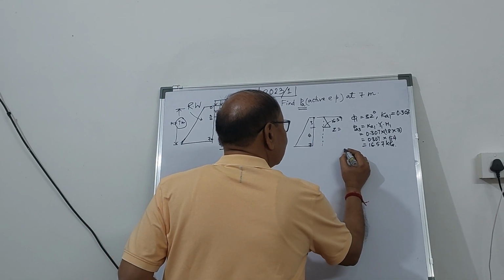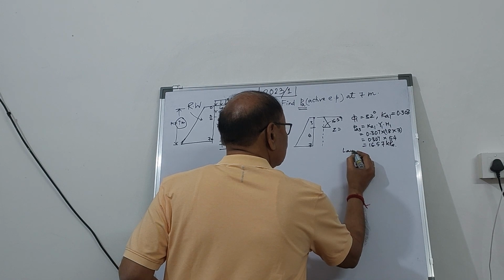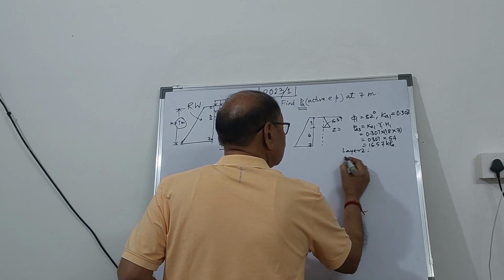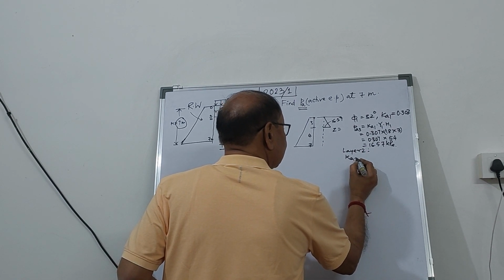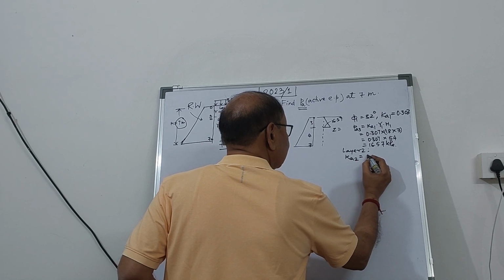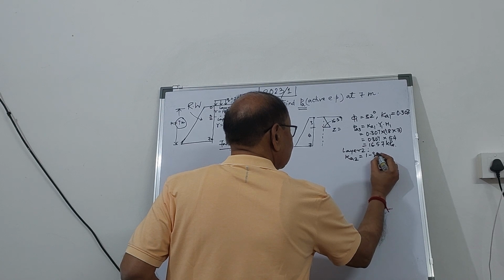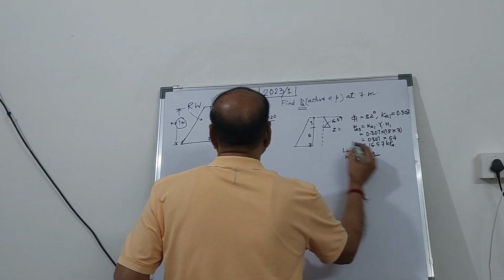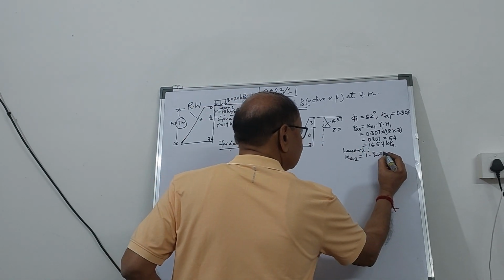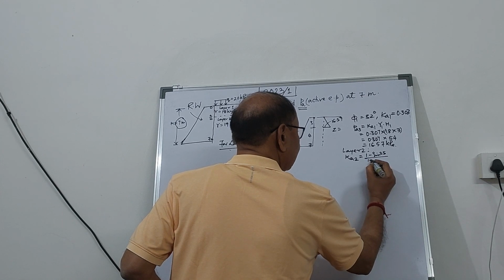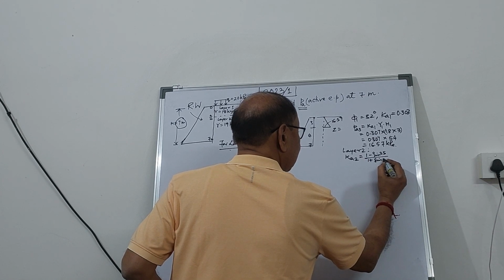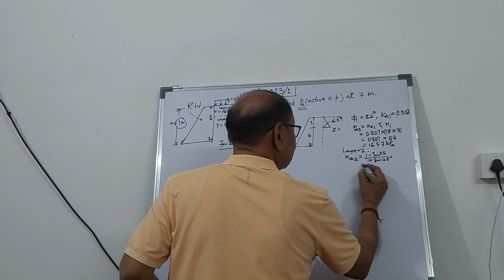So if you go for layer 2, calculate K2, which is given by (1 minus sine 25) divided by (1 plus sine 25).